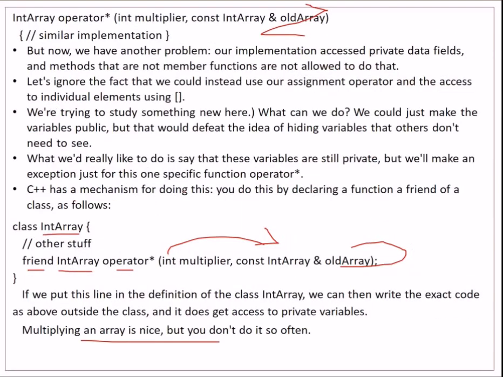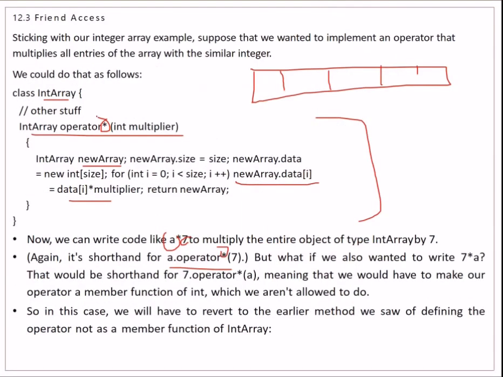But what happens is that somebody may come to you and say, okay, very good, a good task you have done. I want 7 into A, and 7 multiplied by array and array multiplied by 7 are both the same. So you have given me a multiplication of array with 7.